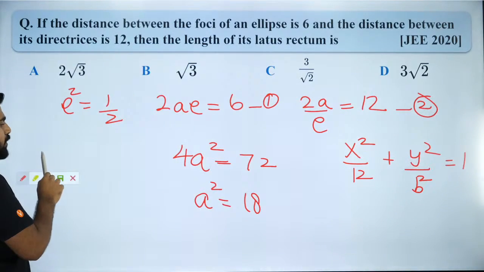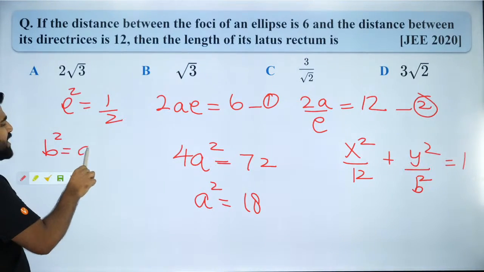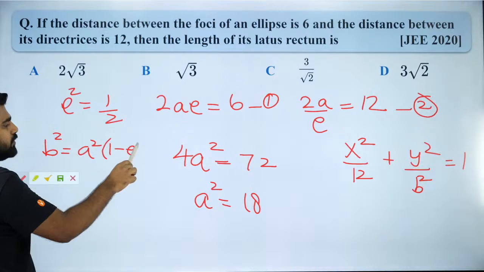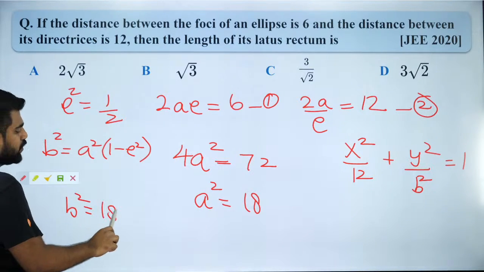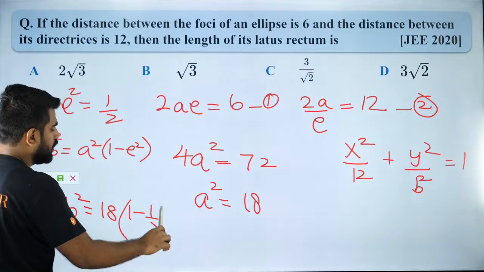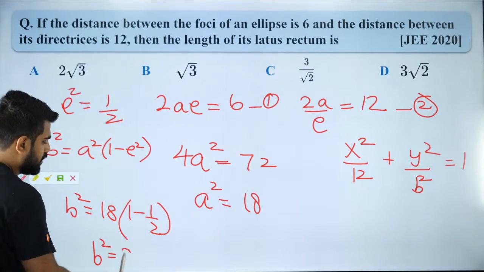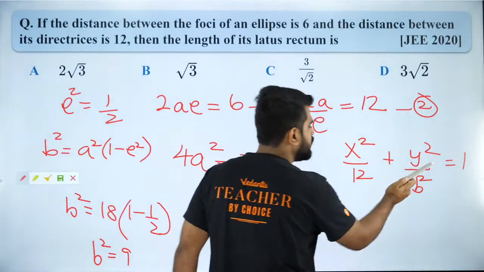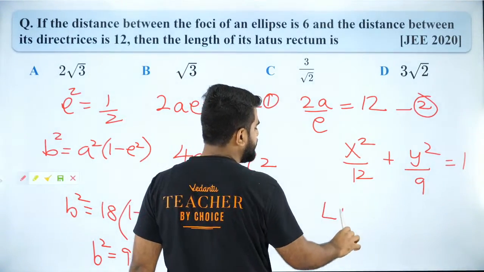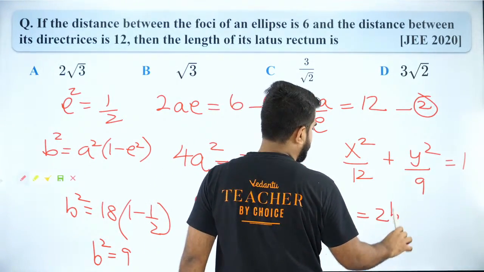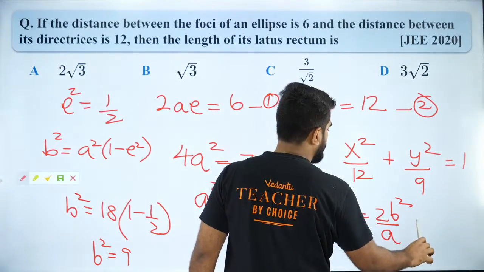So what is B square? B square is equal to A square into 1 minus E square. So it will be B square is equal to 18 into 1 minus 1 by 2, which will be B square is equal to 9. So that is my ellipse. B square is actually 9. So what is the latus rectum? Latus rectum is 2B square by A. So which will be what?